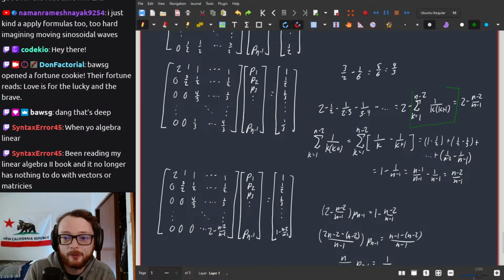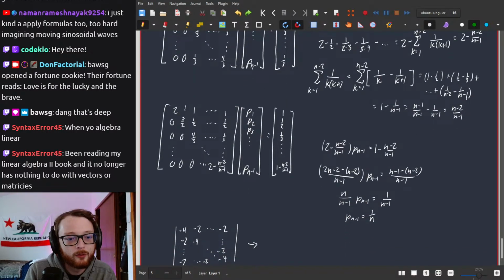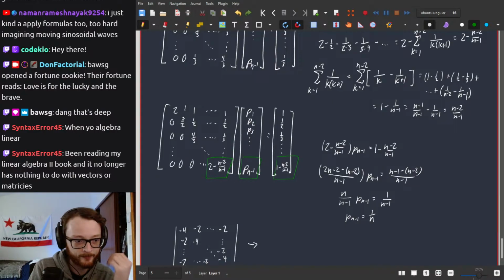And luckily, it's a telescoping series, so you can actually find a closed form for its sum. Turns out to be n minus 2 over n minus 1. And so I can get the final row: 2 minus n minus 2 over n minus 1 times p sub n minus 1 equals 1 minus n minus 2 over n minus 1.